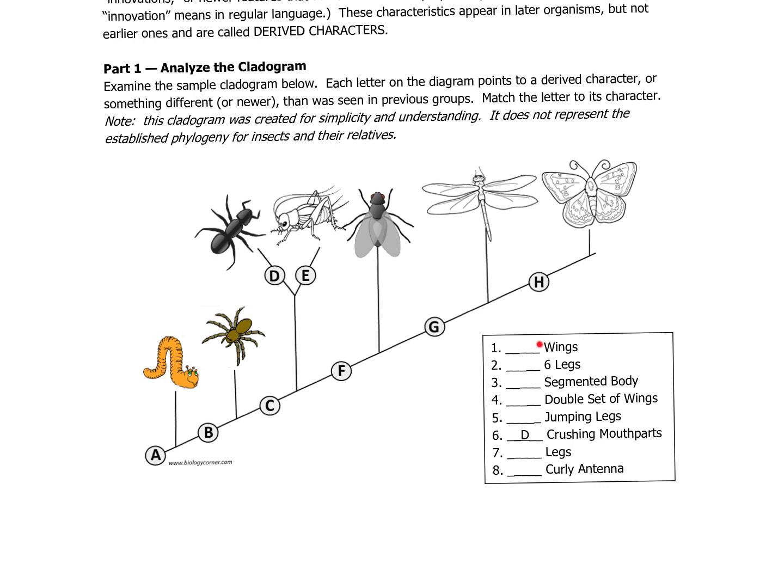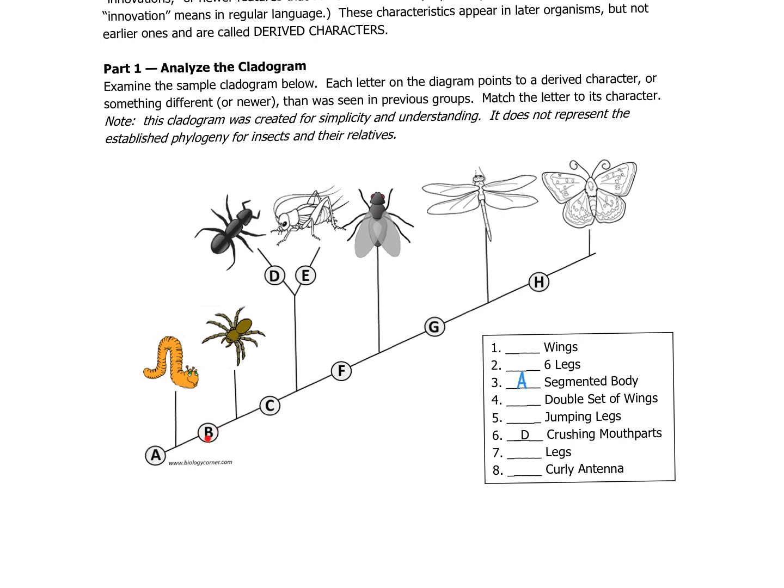If we look, they don't all have wings. They don't all have 6 legs. But do they all have some type of body segment? So I think number 3 matches to A. All of these insects have a segmented body.